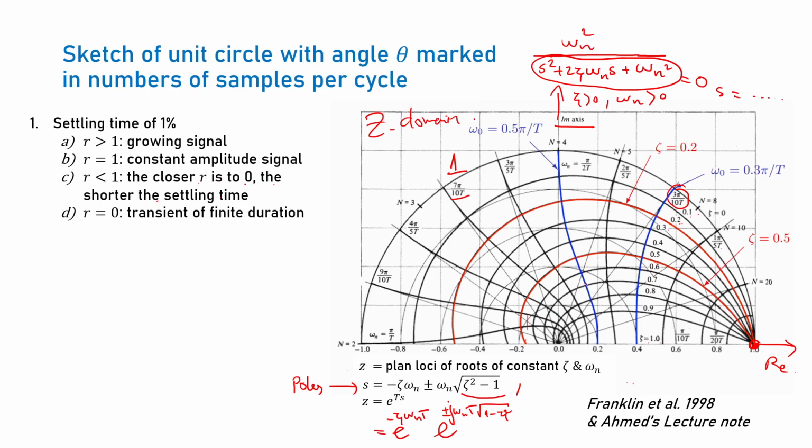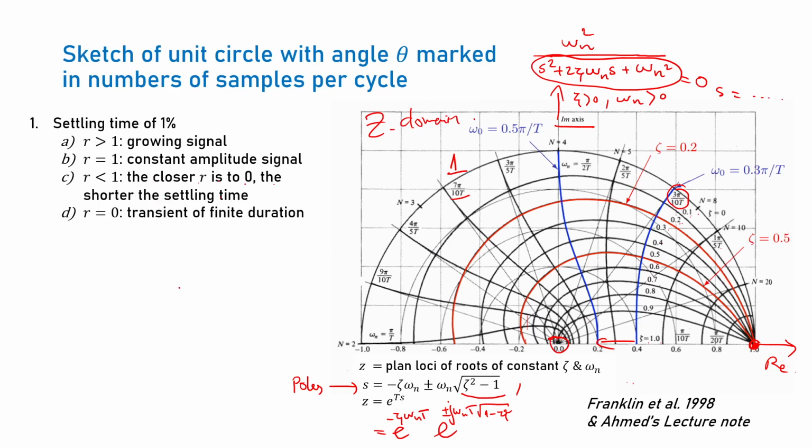So if r is close to 0, 0 is here, then the shorter the settling time, which means the response rises from 10% to 90% in a very short time. That's what we call settling time, rise time. And here it's about settling time.